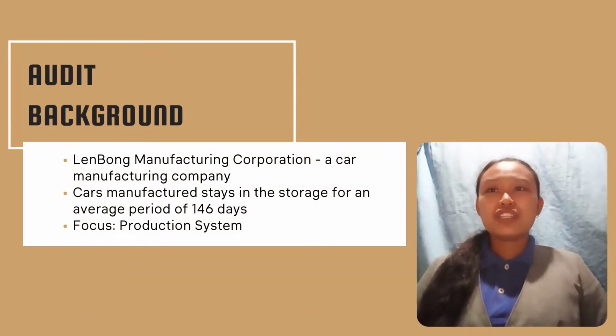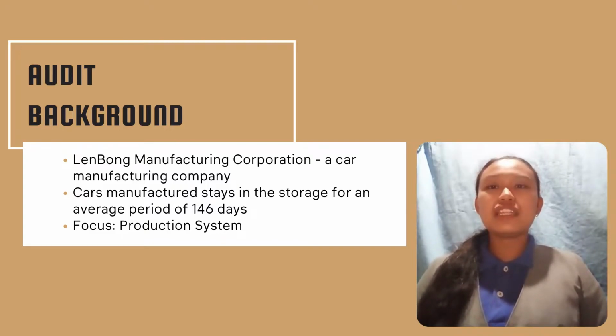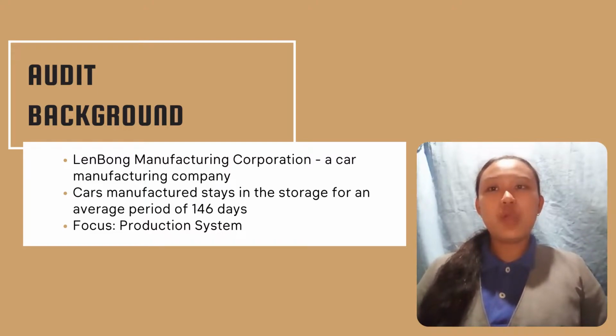LenBong Manufacturing Corporation, which is a car manufacturing company, requested an operational audit. While reviewing the company's operation, it seems that the company is operating constantly. While it seems good at a glance, days inventory outstanding shows otherwise.